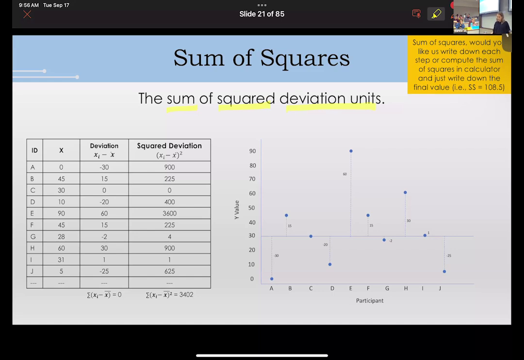Question: for sum of squared deviations, would you like to write down each step, or compute the sum of squares in a calculator and just write down the final value? What do you think? Right, Hannah knows me well. Answer it. Doesn't matter. I don't care. What's the risk in not writing it down? No partial credit, right? You put down a number and it's wrong, and I don't know if you understand.